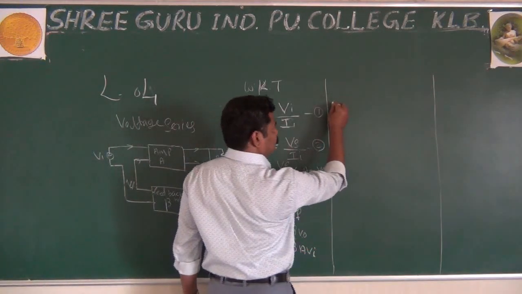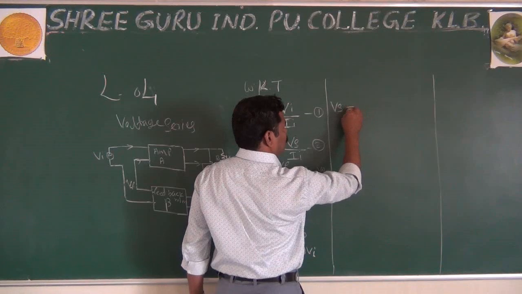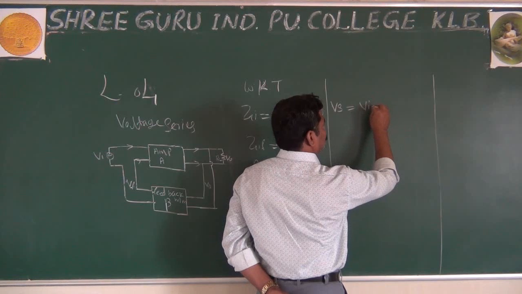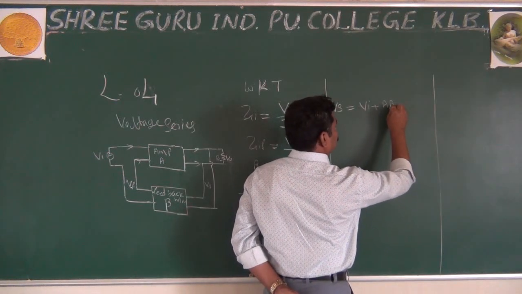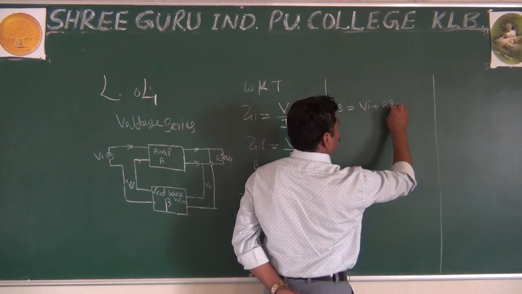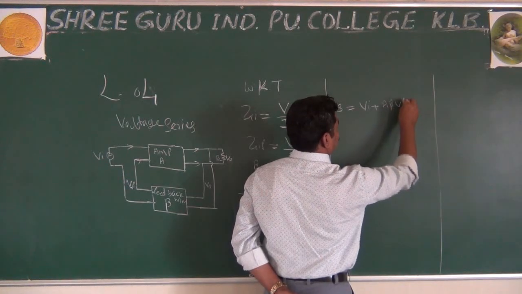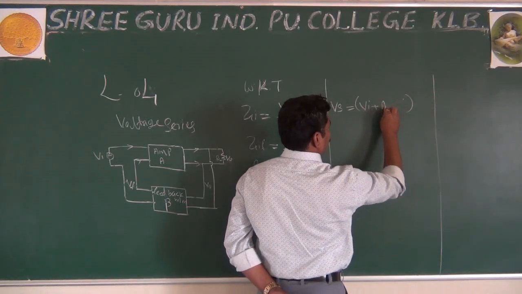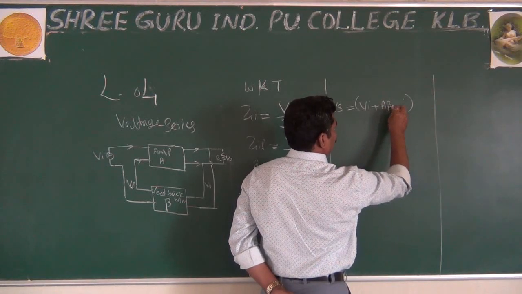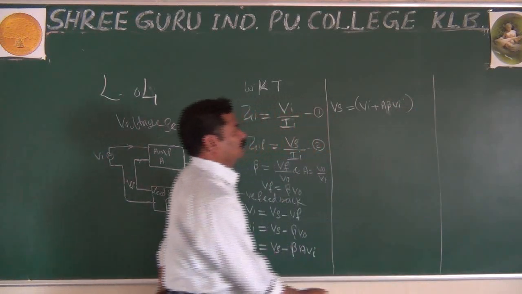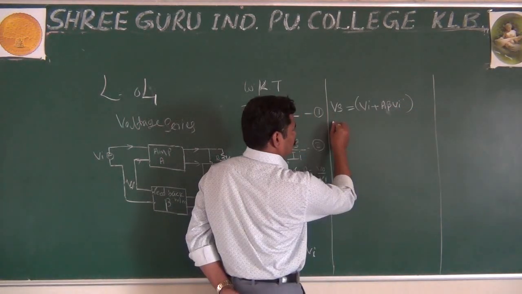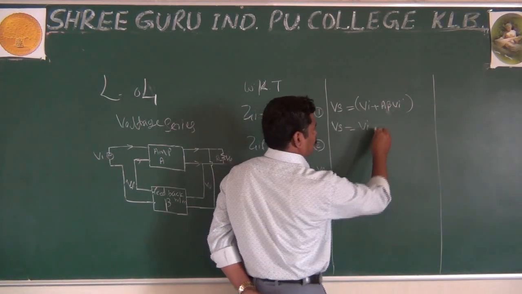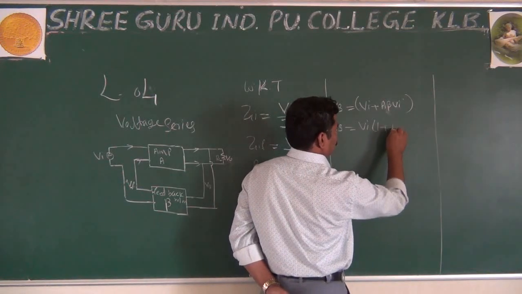That becomes Vs equal to Vi plus A beta into Vi. Then you take Vi common: Vs equal to Vi into 1 plus A beta.